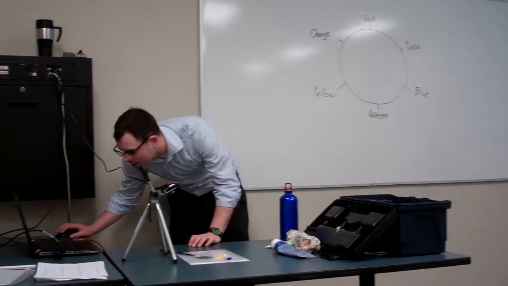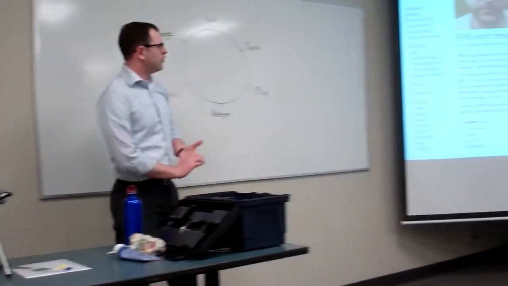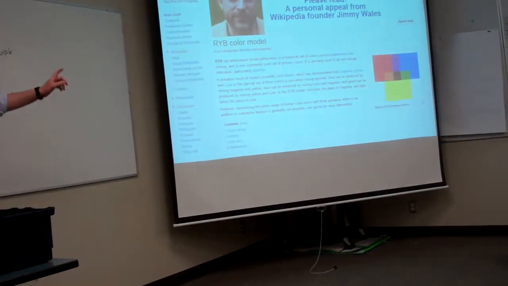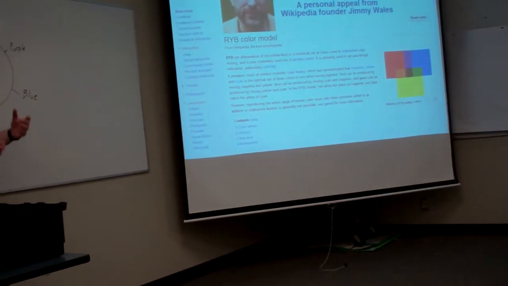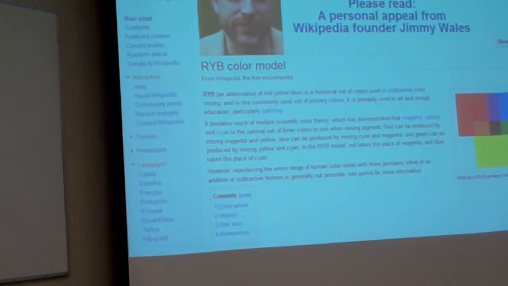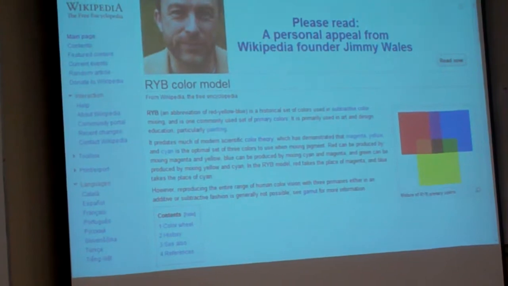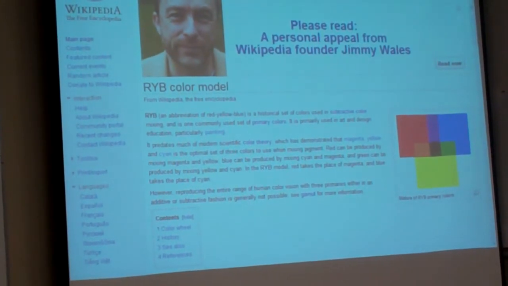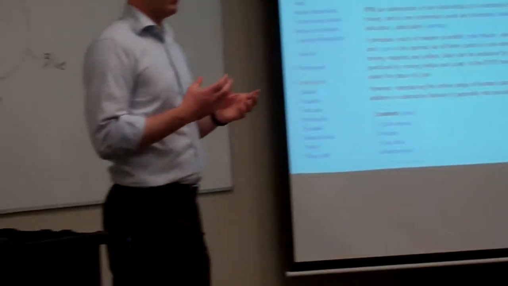That's the red, yellow, blue model right there. You can see the red, the blue, and the yellow go together, and the orange, purple, and green. Supposedly, if you mix all three colors together, you get black. But this is just one color model. It's not based on the physical properties of color.